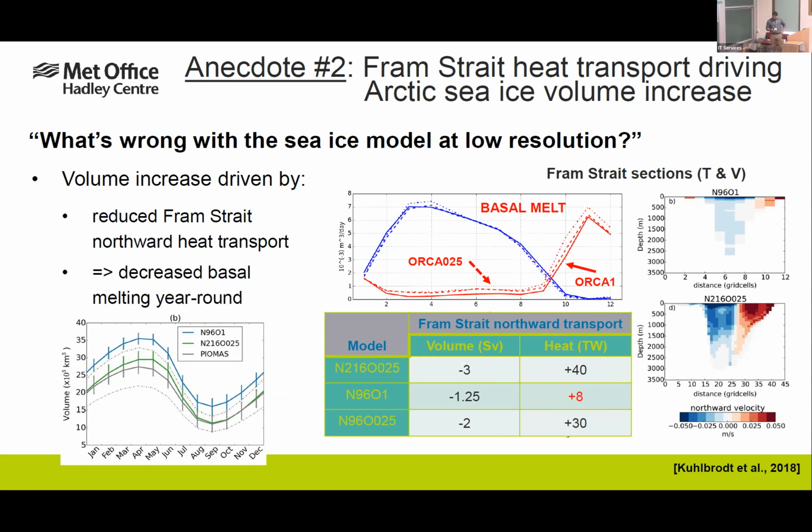And basically the heat transport is 5 times more in the medium resolution model than in the low resolution model, which is driving a huge difference in basal melting of the ocean year round. And we couldn't fix the ocean, so I had to change the sea ice albedo, which is horrible.